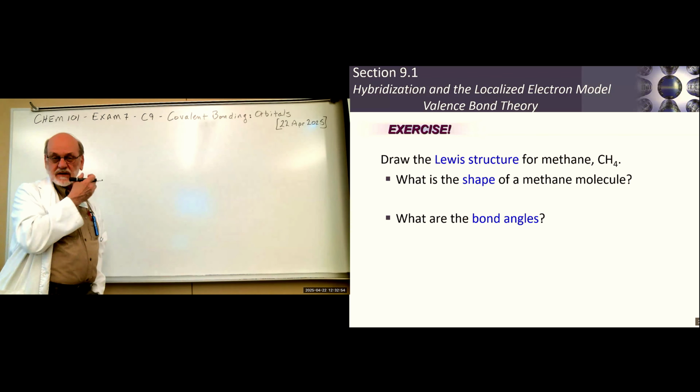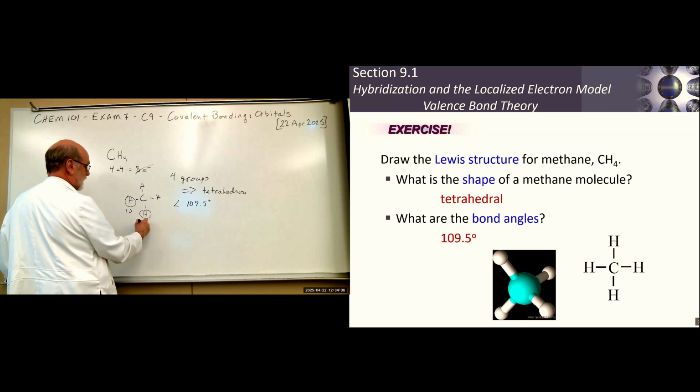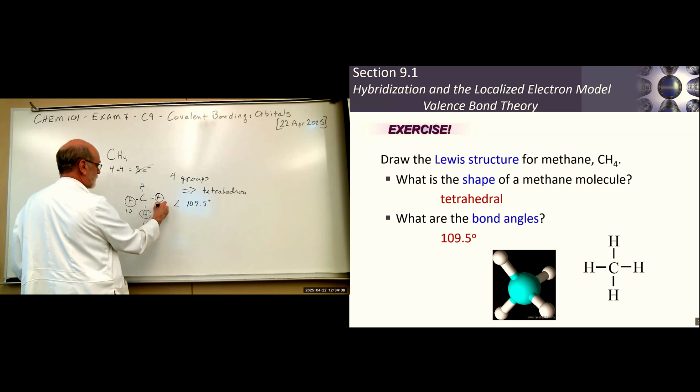Okay, here's the problem. If we're going to stay with the localized electron model, then what are the overlapping orbitals? Okay, the hydrogens, of course, they're only going to be 1s's, right? Each one has a 1s. That's not where the problem is, because that's all they have to deal with. The problem is with carbon.